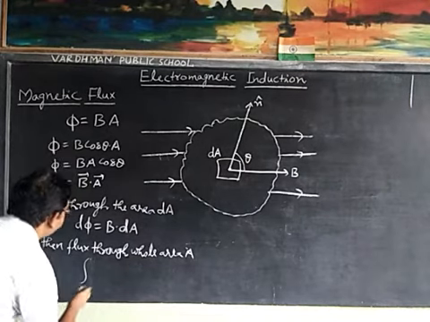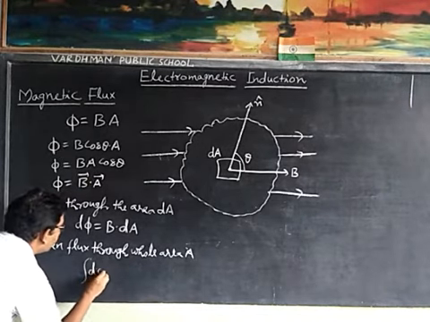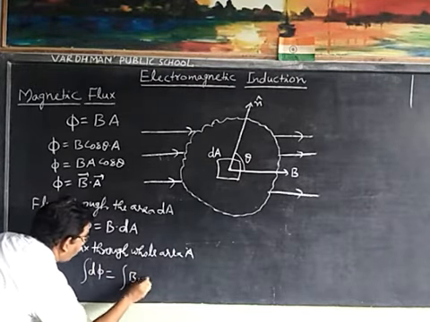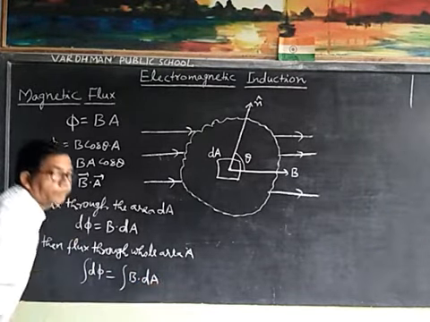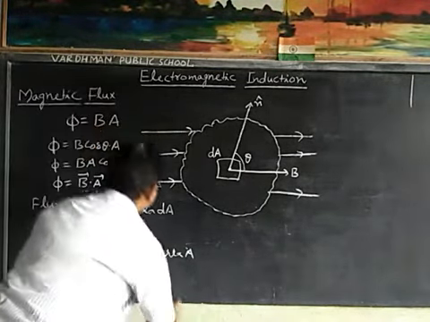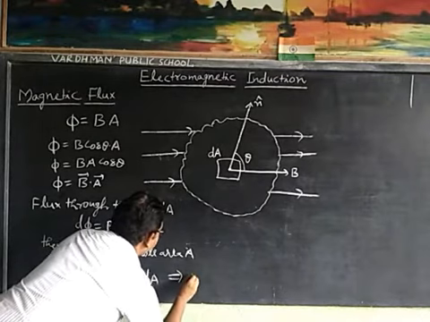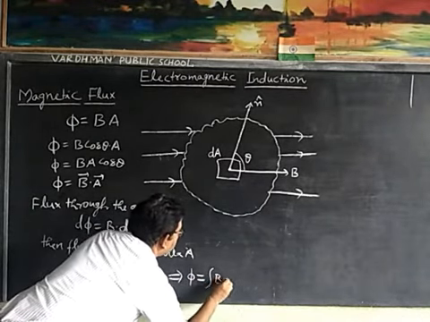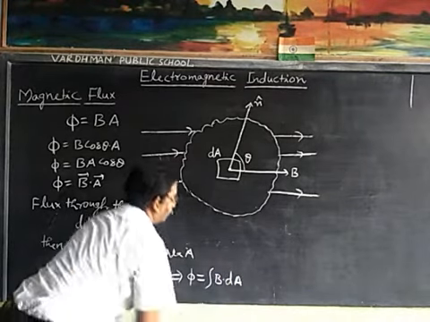Integration of d phi is equal to integration of B dot dA, which can be written as phi is equal to the integral of B dot dA.